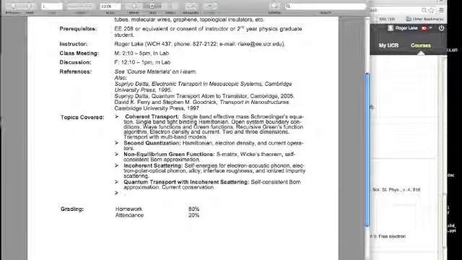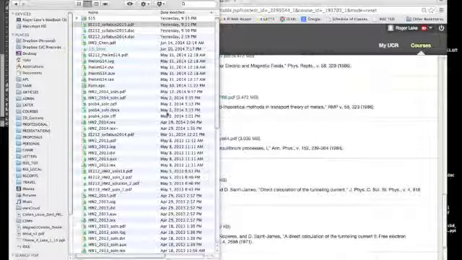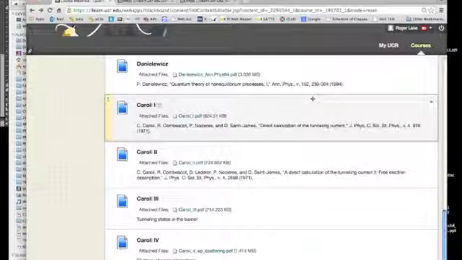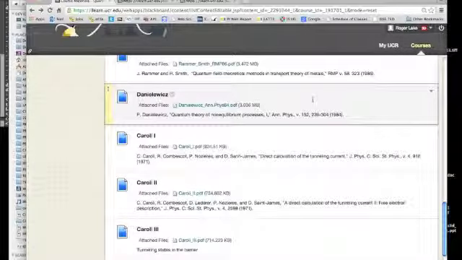But it turns out it gives you a lot more flexibility, as we'll learn as we get deeper into this course. Okay, so that summarizes the material that we have uploaded here on iLearn.